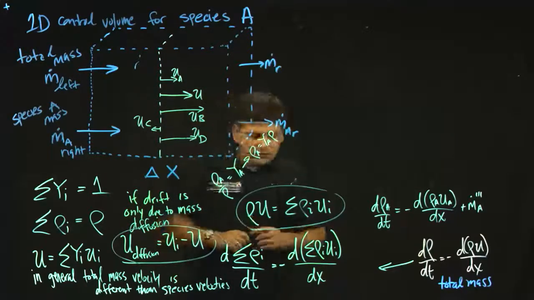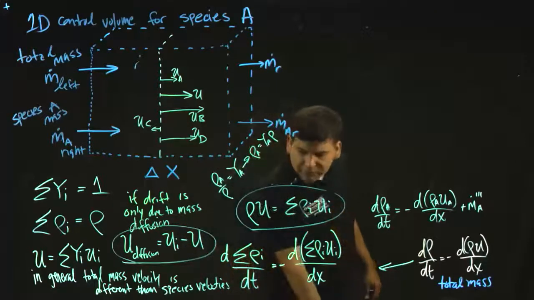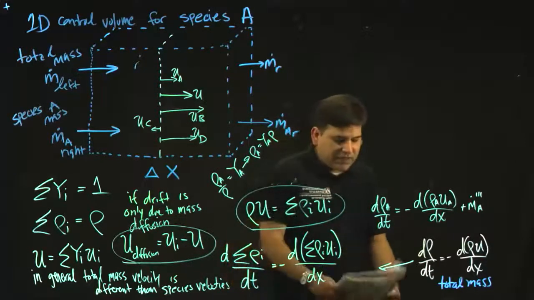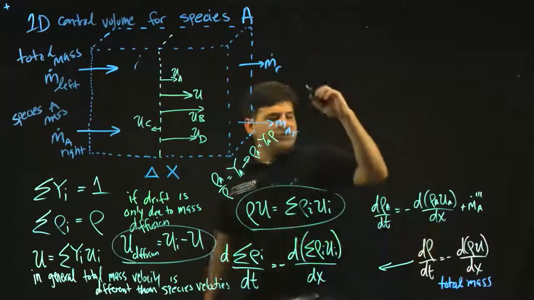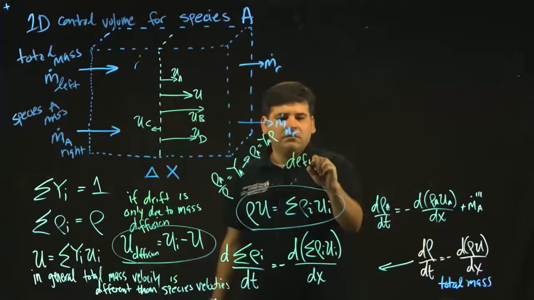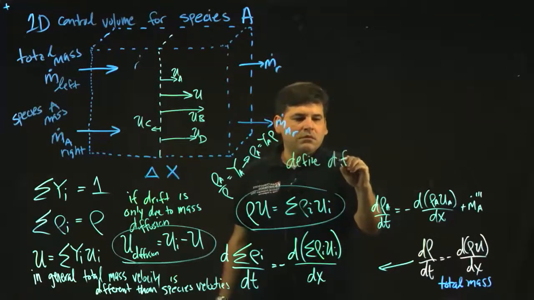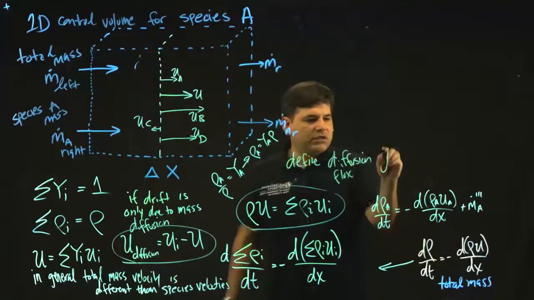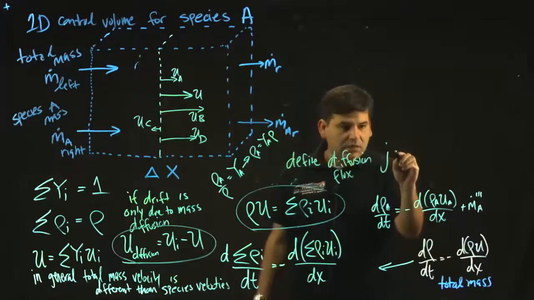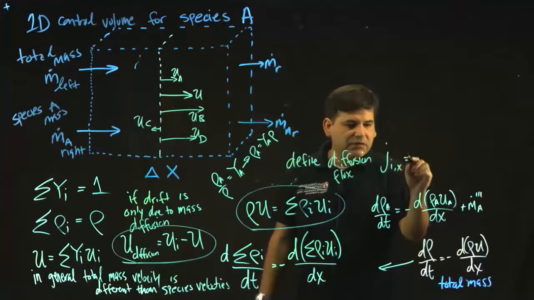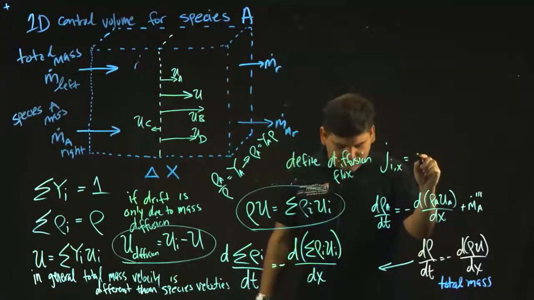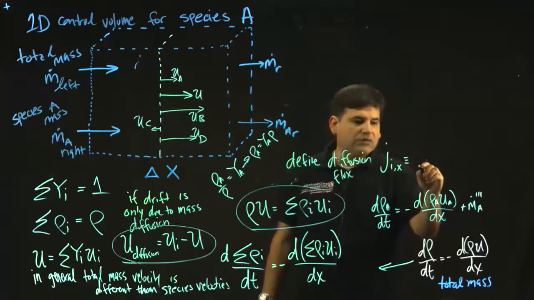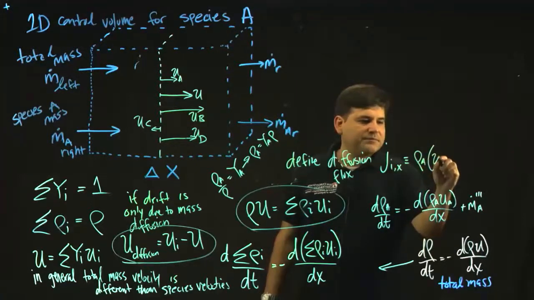Okay, so if this is only due to diffusion, let's apply this. Let's define the diffusion flux. Let's call it J of species i in the x direction. What does this equal? By definition, it equals the mass density times the diffusion velocity.